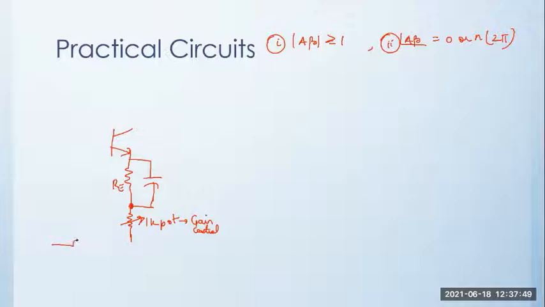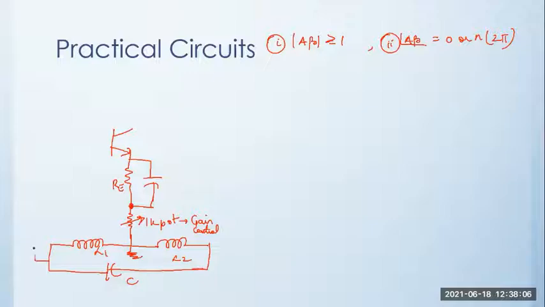And let me draw the Hartley oscillator. I will have two inductors and one capacitor, C, L1, L2, and this point is grounded. This end is connected to the input of the transistor.